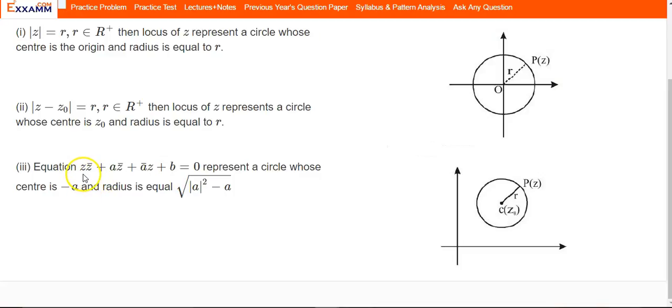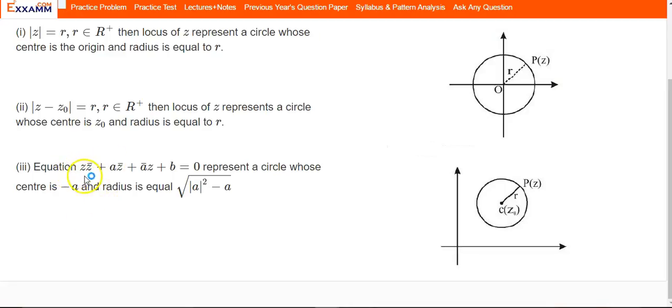Now if in this we add z z bar, then we get modulus of z square, which is nothing but x square plus y square, and this is equivalent to x square plus y square plus 2gx plus 2fy plus c is equal to 0. So if in the equation of a straight line a z bar plus a bar z plus b is equal to 0, we add z z bar, then we get the equation of a circle.